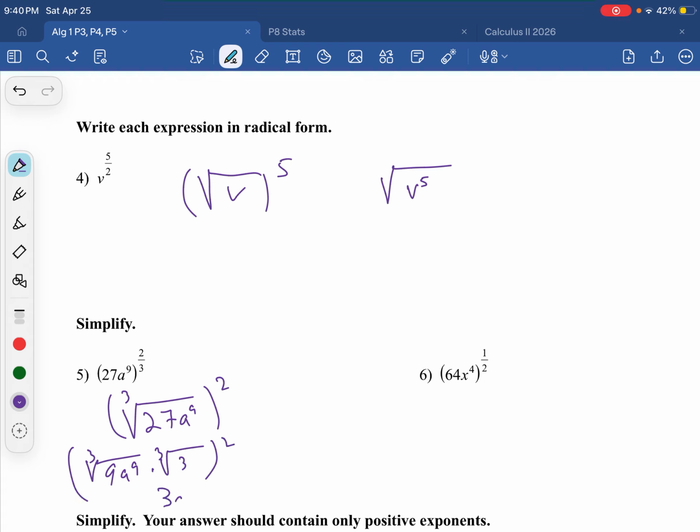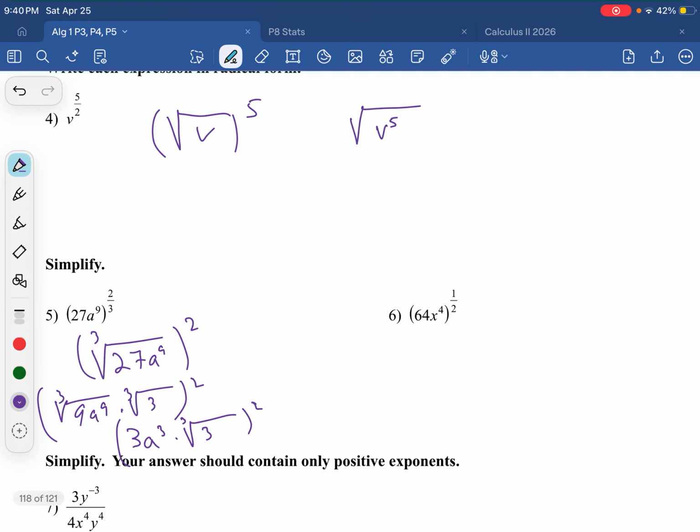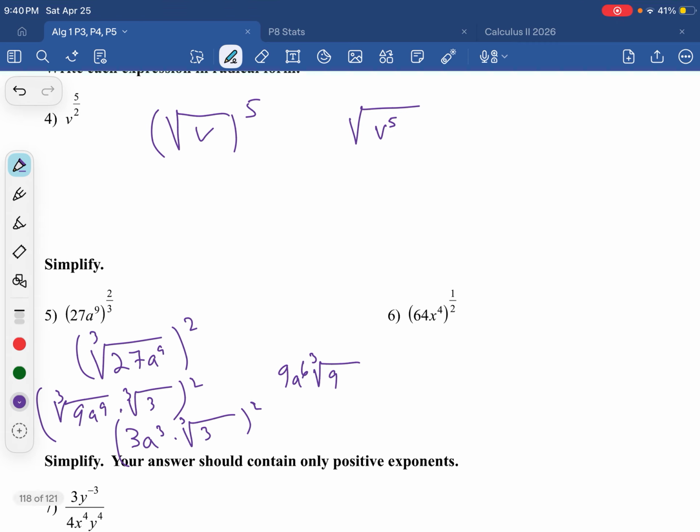This is 3a to the 3rd times the cube root of 3 squared, or 9a to the 6th cube root 9. For number 6, it's the square root of 64x squared, or 8x squared.